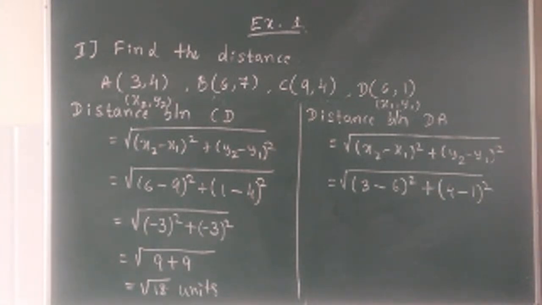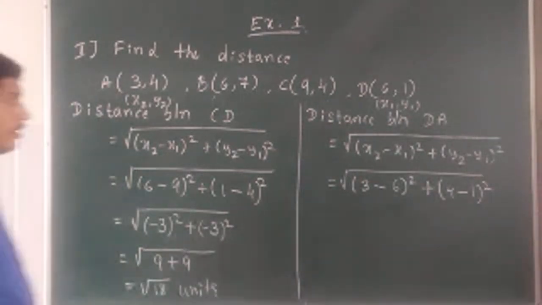DA is square root of 18 units. Hiremat and Lakshmi gave the answer as square root of 18. Mustabeen, Vijay, Jarina, then Rahul, Pramod gave the answer as square root of 18.